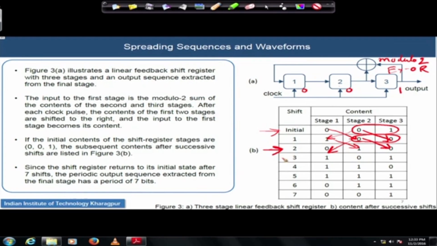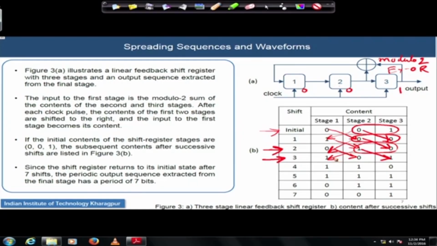This way it goes on. On the arrival of clock pulse 3, we will be seeing the same kind of information. The 0 will be coming back, and 1 and 0, the XOR combination of these two, yields 1 and gets stored in the first stage.